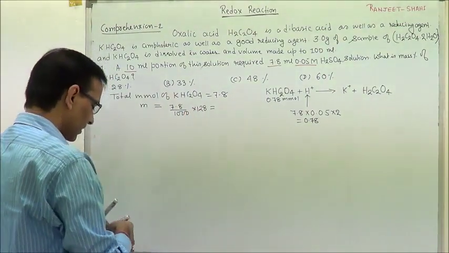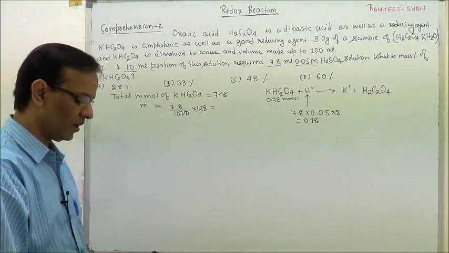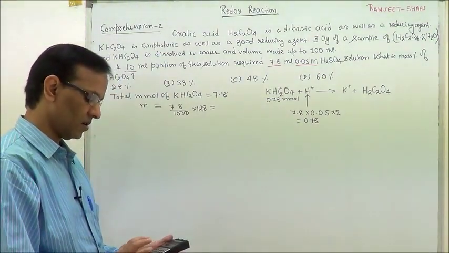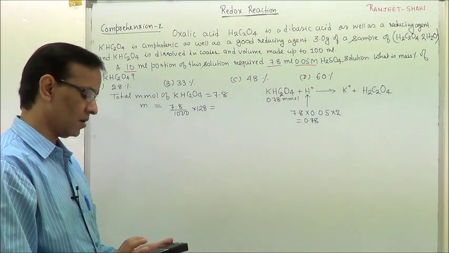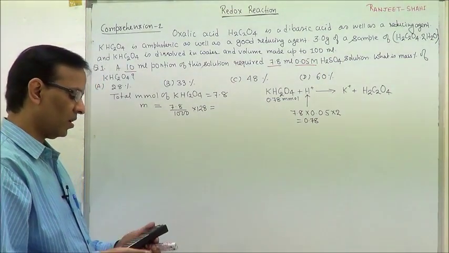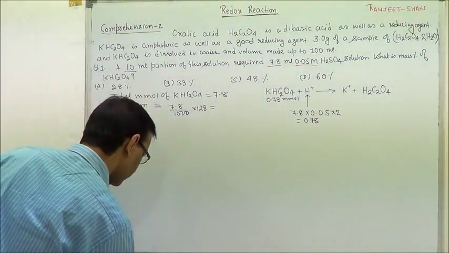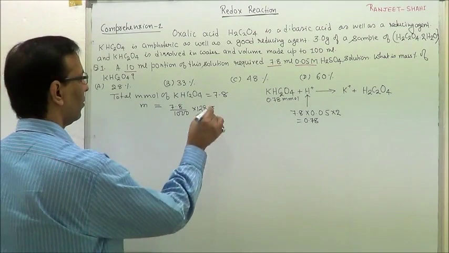If we calculate it, 128 multiplied by 7.8 divided by 1000 is 0.9984.